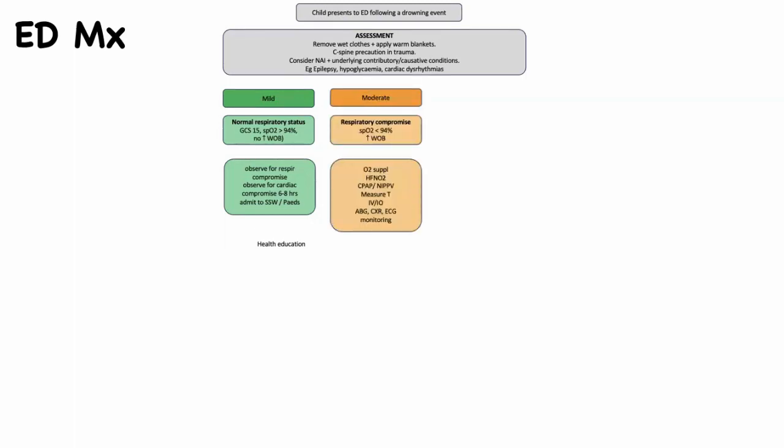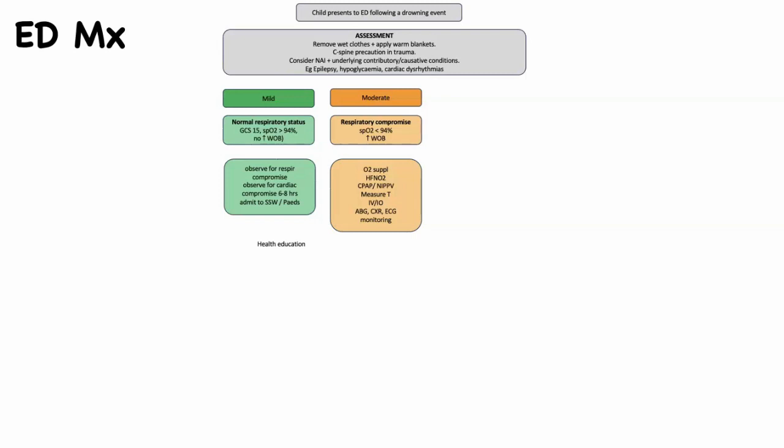A patient who presents with moderate drowning symptoms has respiratory compromise. Their SATs are lower and they've got an increased work of breathing. They need supplemental oxygen. It might be just low flow oxygen with a nasal cannula, face mask or polymask, or they might have severe respiratory compromise where they actually need further respiratory support in the form of high flow nasal O2 or CPAP NIV.